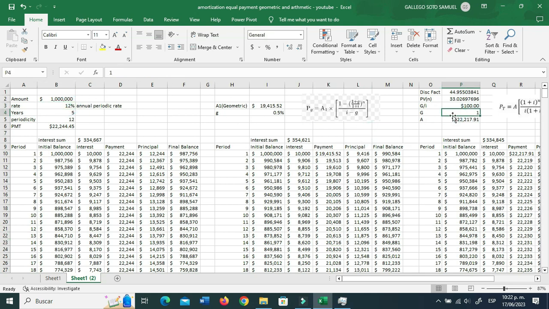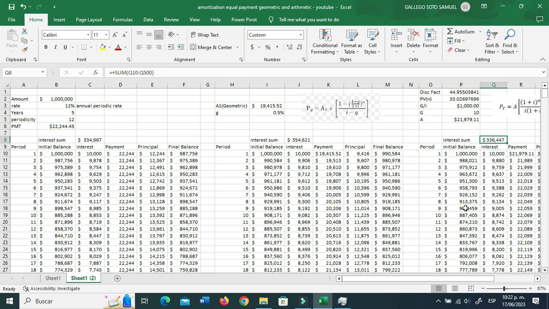So now let's go ahead and take a look at the arithmetic one. Let's say that you're gonna be adding $10 to the payment every year. So you start off with $21,000, pretty close to the equal payments.